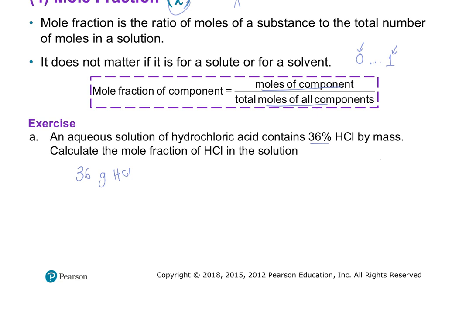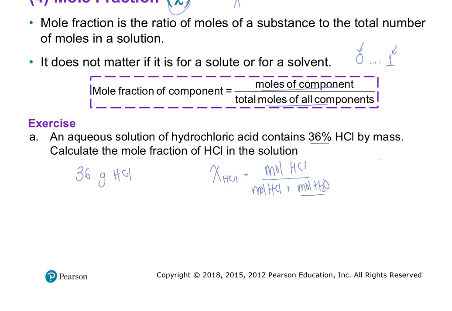The mole fraction of HCl is going to be the moles of HCl divided by the total moles, which will be the moles of HCl plus the moles of water. So we need to not only get the moles of HCl, but also the moles of water.